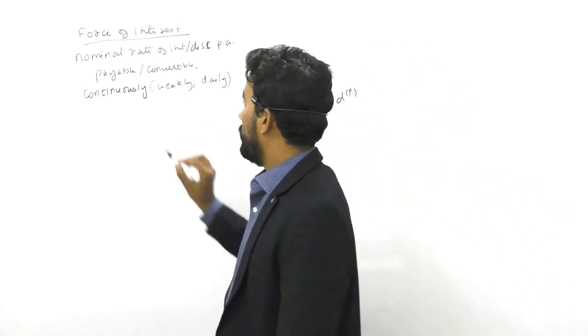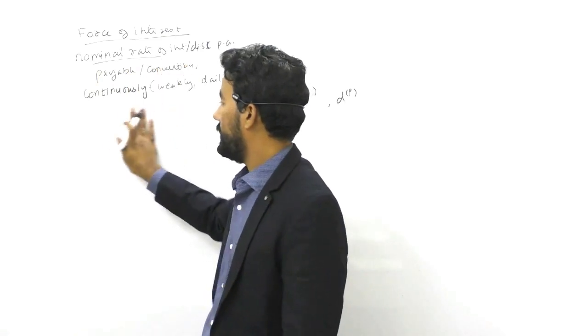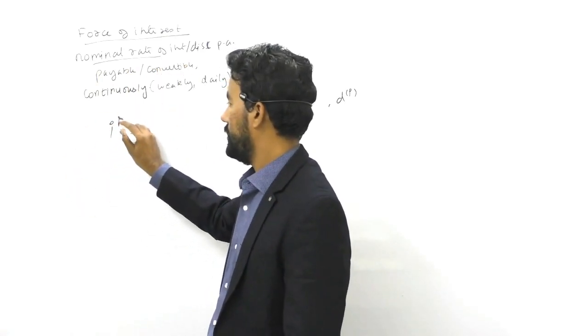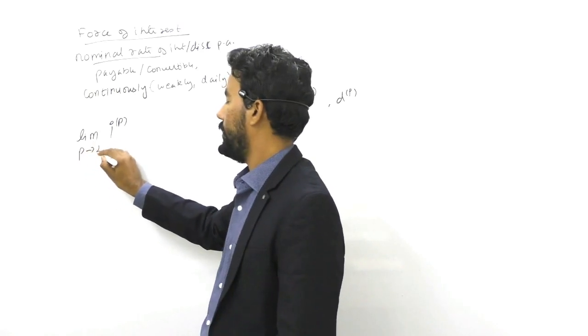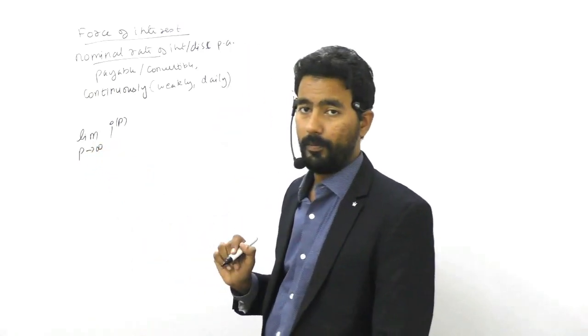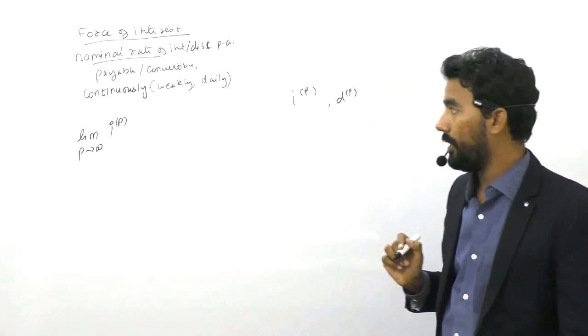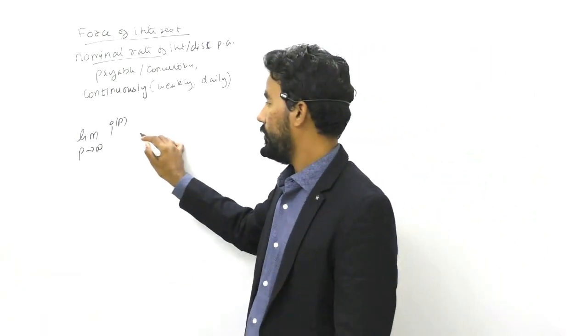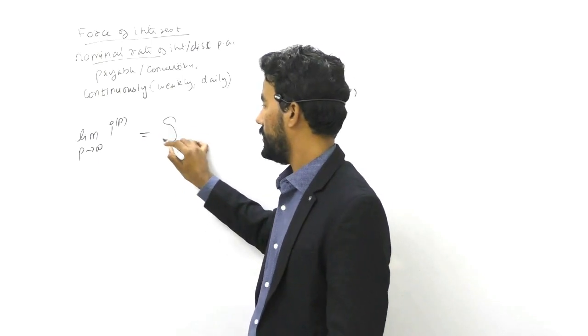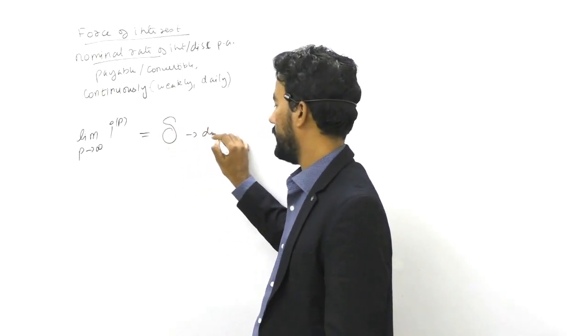So as I say, it is the nominal rate. It is simply i^(p), where p is tending toward infinity. When p is tending toward infinity, i^(p) is called the force of interest, and instead of i^(p), we denote it by a notation called delta.